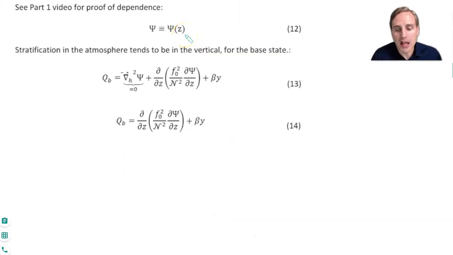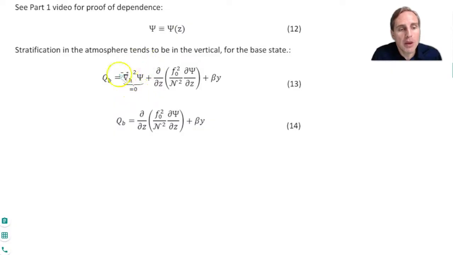Okay, the last slide for this video says that in part 1, I'm going to show you that the background psi is only a function of z, not psi itself, but the background psi. So the base state of the stream function only depends upon the vertical coordinate.